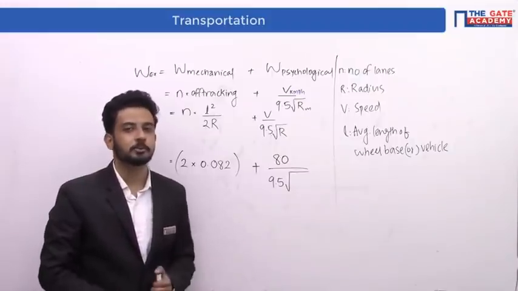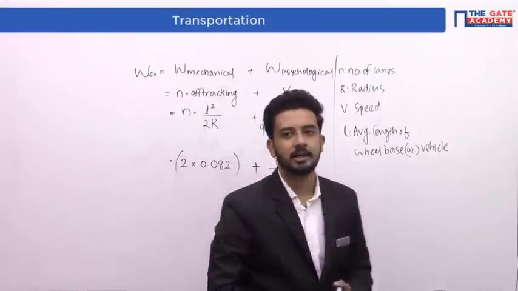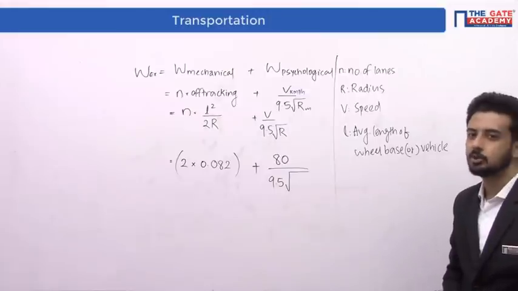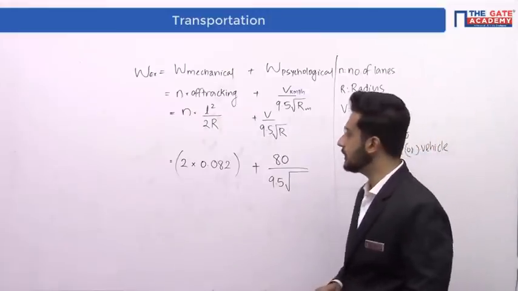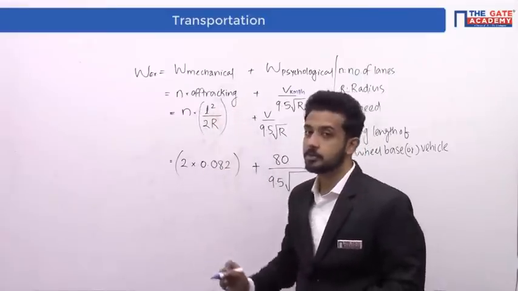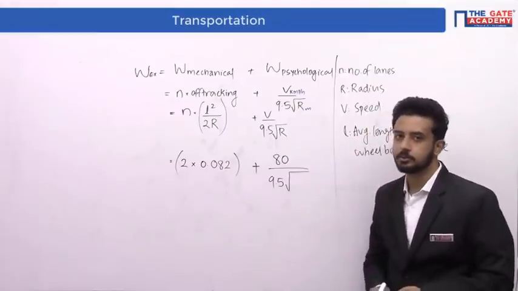Then what will we do? We have a hint. They told that the off-tracking value, L square divided by 2R, is equal to 0.082 meter.